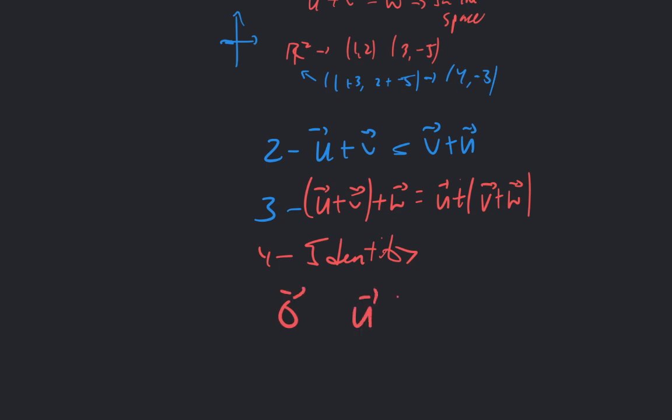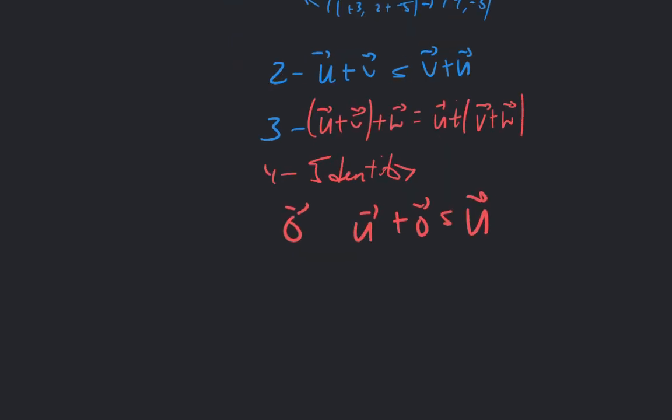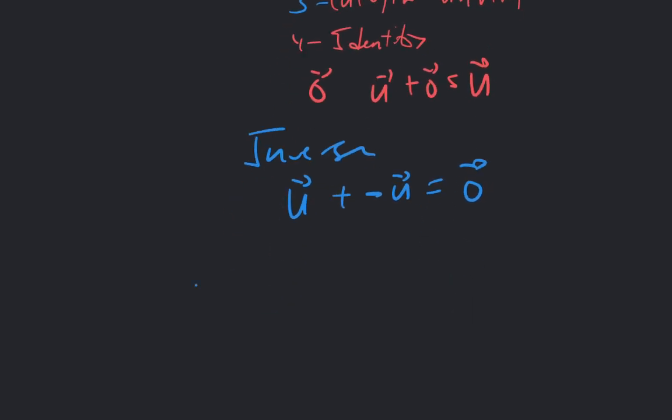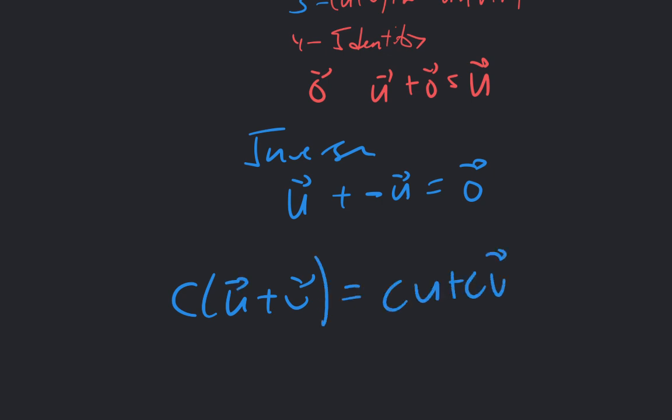So u plus 0 is just u. And then we have the inverse. U plus the negative of u is equal to the 0 vector. And then we could distribute c times u plus v, that's cu plus cv.